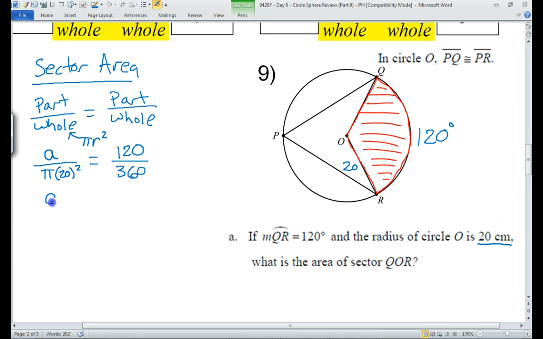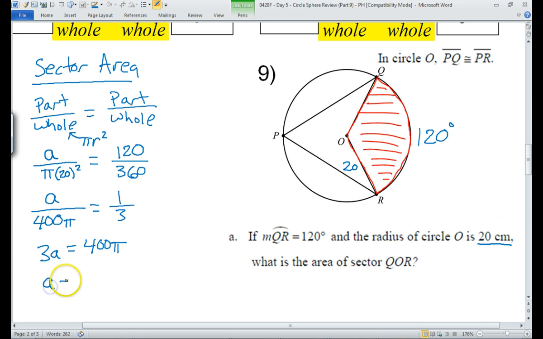Let's simplify this up a bit. So the partial area over the whole area. 20 squared is 400. So let's go ahead and write this as 400 pi. 120 over 360 reduces to 1/3. Cross multiply. So that's going to give us 3a equals 400 pi.